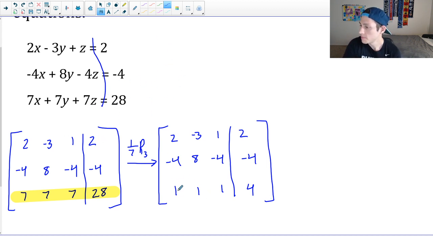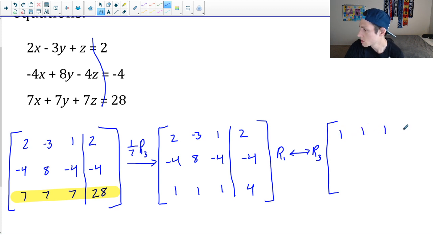Okay, so now, down here in this spot, I see I have a 1. Well, I'd really like for that 1 to be up here in this top left corner. We know that one of our operations we can do is just switch rows. So let's switch row 1 and row 3. Pretty neat. So now row 1 is 1, 1, 1, 4. Row 2 stays exactly the same.